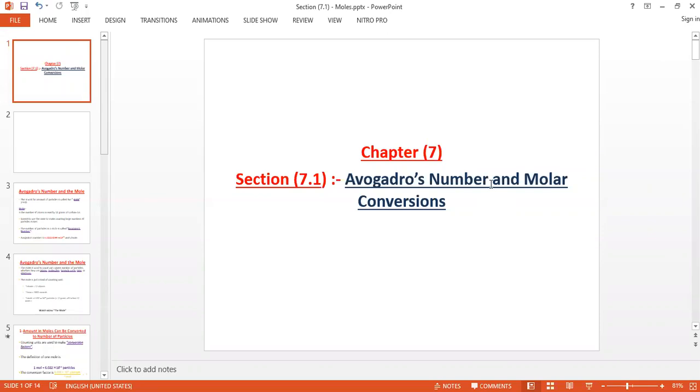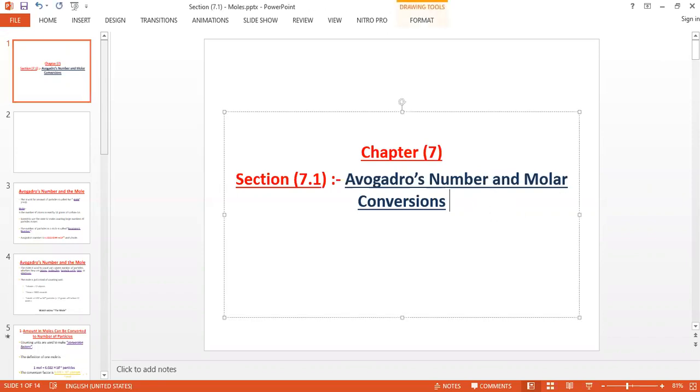And here is one of the most important topics in the history of chemistry, which is Avogadro's number and molar conversions. We can summarize this topic in the most important word, which is mole.